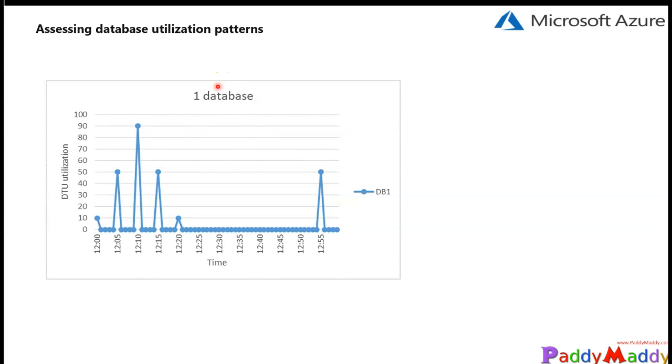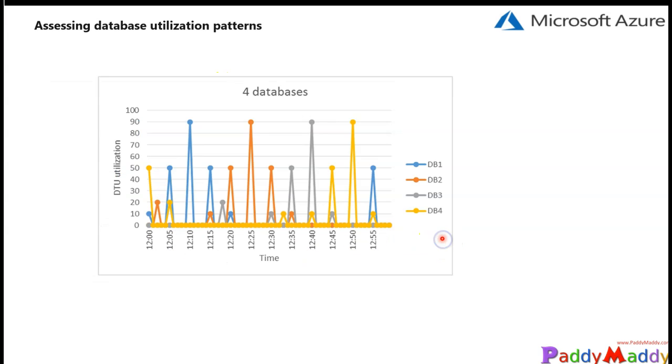Let's also look at another graph which explains something very similar, but with a combination of four different databases. Assume there are four databases: DB1, DB2, DB3, DB4. If you see, they are spiking sometimes close to 90 DTUs.